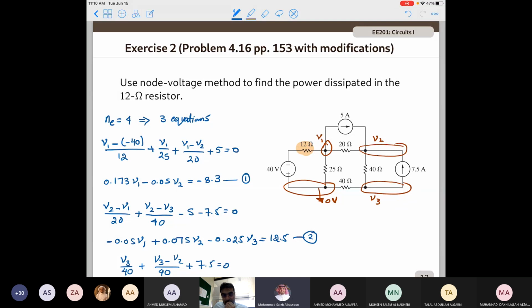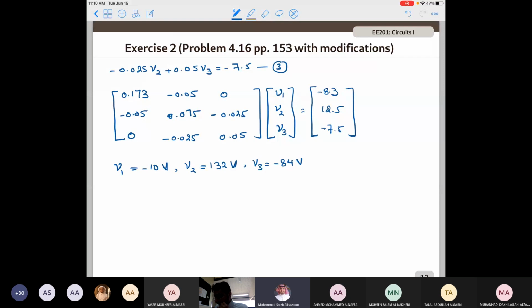Yes, we should say V1 minus 40 over 12. Okay, this is going to give me the current passing through the 12 ohm resistor: V1 minus 40 over 12, which is 30 divided by 12.